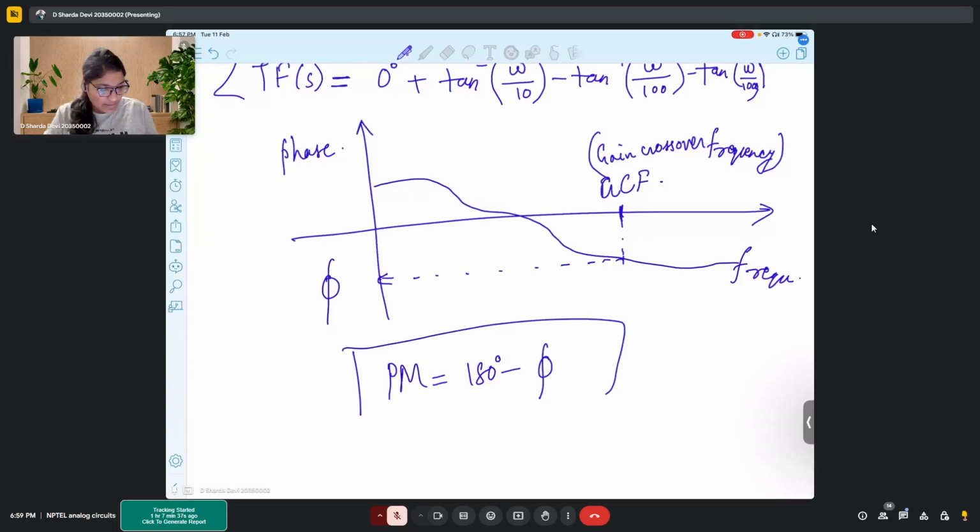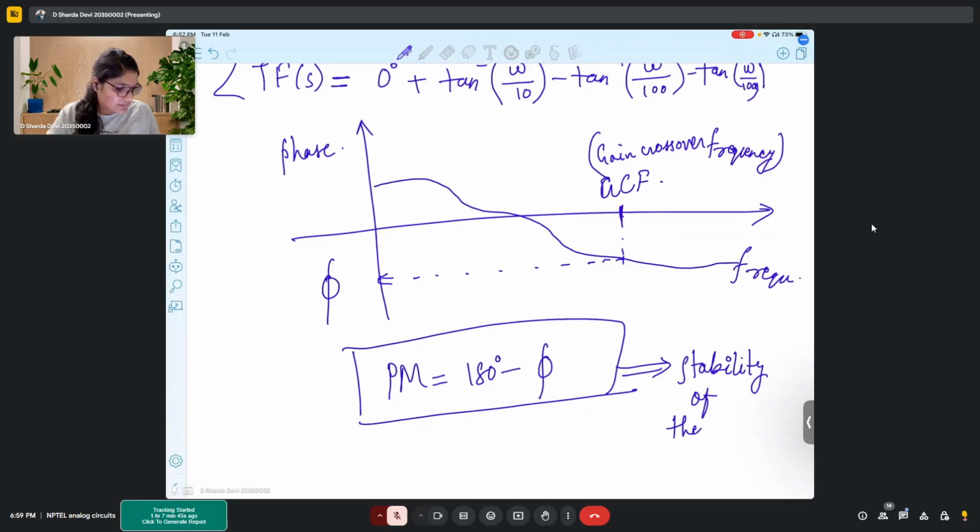Okay. And this relates to the stability of the system, or circuit, whatever you say. Clear?